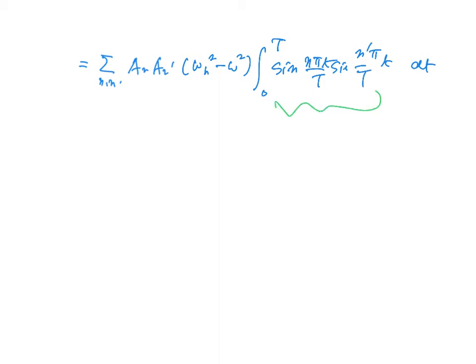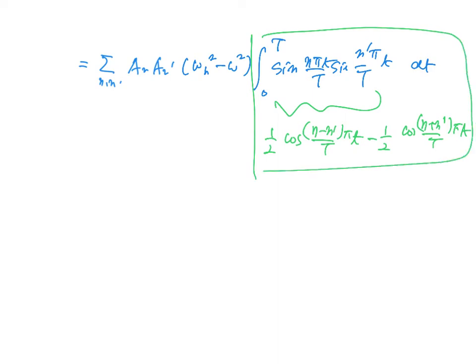So this sine product becomes 1/2 cosine of (n minus n prime) pi t over T minus 1/2 cosine of (n plus n prime) pi t over T. Then this whole integration is easy to do. It is T over 2 delta n n prime.